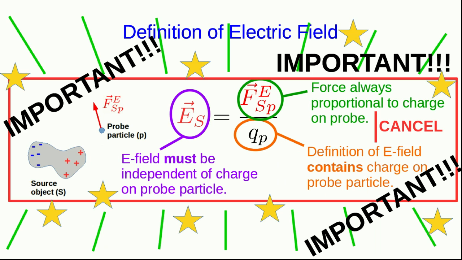This is so important that if you do not understand this in full detail, both that the E field must be independent of the charge on the probe particle and why it turns out to be independent, you really need to go back to part 1 of this lecture and re-watch it. Make sure you understand the answer to the question that I posed. If you get back to this point and still don't understand this, you should do other things.